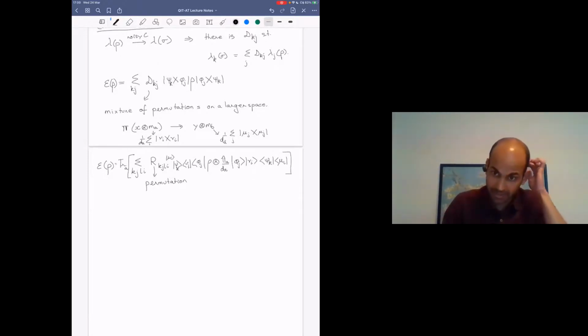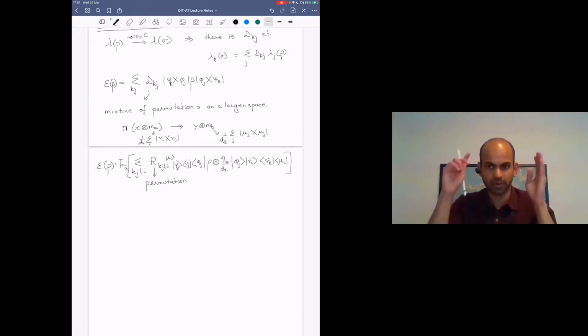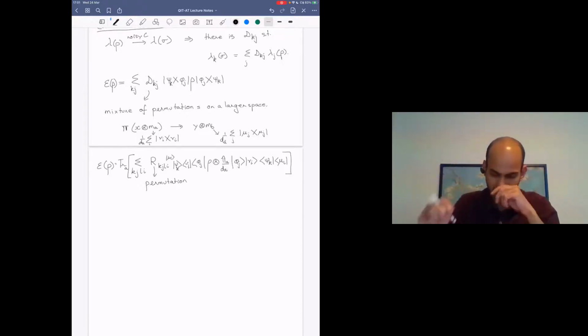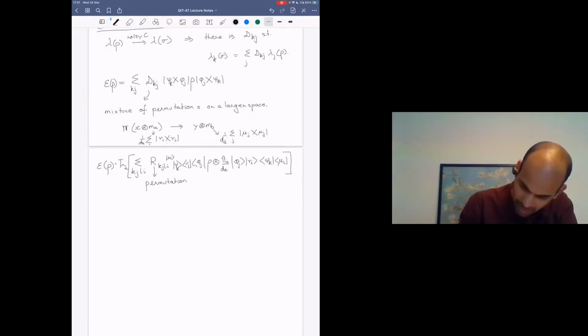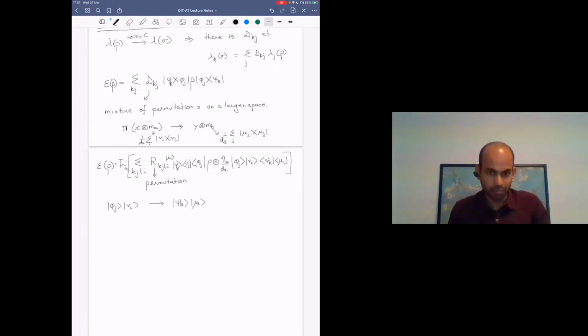And the reason that you can see that this is itself a noisy quantum operation is because this transformation R is effectively a change of basis. It's a matrix that has all zeros except for ones. There's a single one in every row and column. And every one of these transformations takes a state phi_j nu_I to some state psi_k mu_L. So this is by construction a unitary operation because it simply tells you that it's a change of basis from JI to KL.